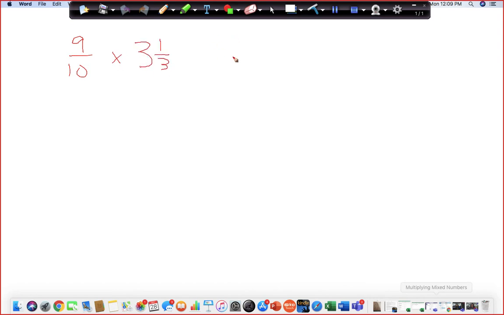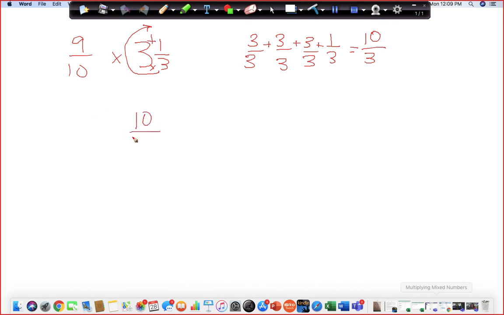Again, if you're doing it the longer way, in thirds, we have 3 wholes, which is 1, 2, 3, and then 1/3. We will add all of those together. 3 plus 3 plus 3 is 9, plus 1 more is 10. Our denominator does not change. Or you can do the backwards C method. 3 times 3 is 9, plus 1 is 10. So 10 thirds.